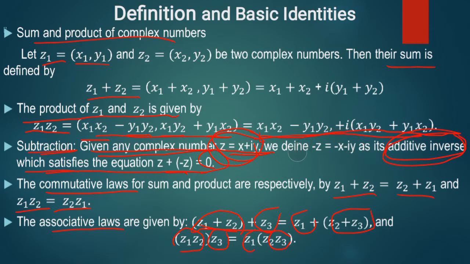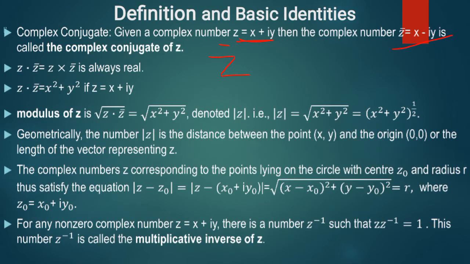Look at it carefully: the additive inverse has a minus in front of the x and between x and y. It's different from the conjugate. For the conjugate, you have z bar equal to x minus iy. So it's a complex conjugate. It's different.